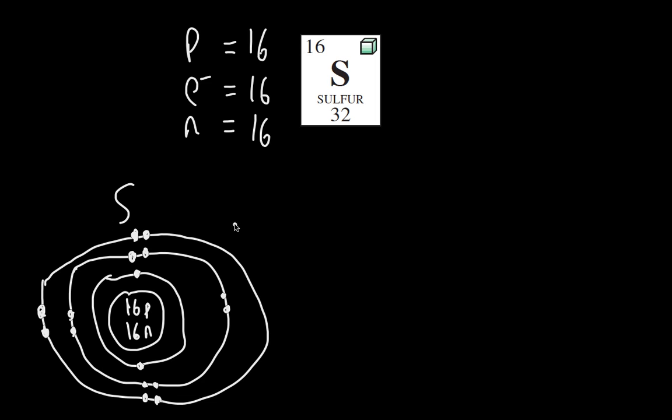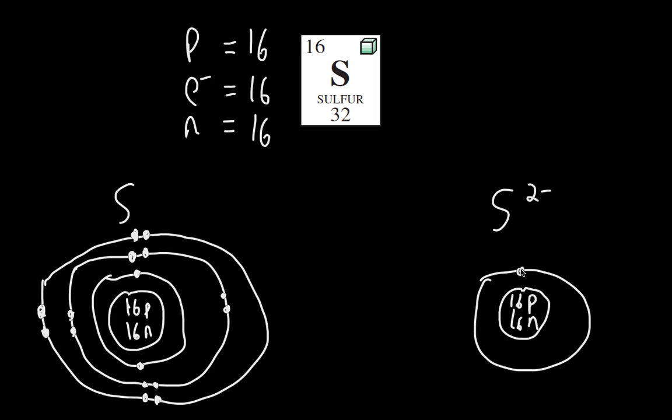Now, sulfur in its normal state is not stable. Remember, the outer ring needs to have its energy level filled. The easiest way to do that is to add 2 electrons. So our example over here, we're going to do just that. So we're going to do our exact same drawing, except it'll have 2 more electrons on that third ring.